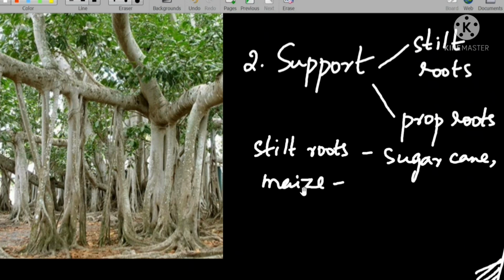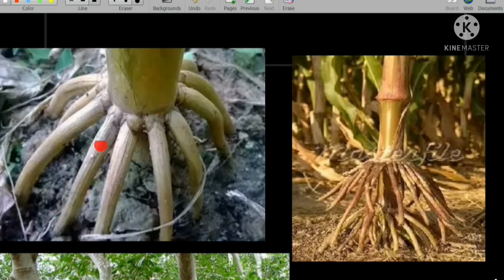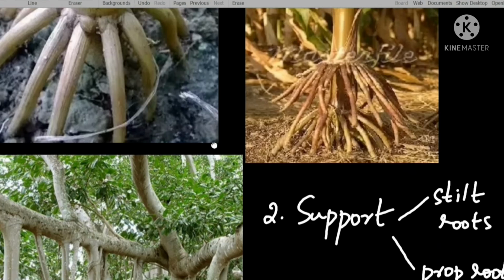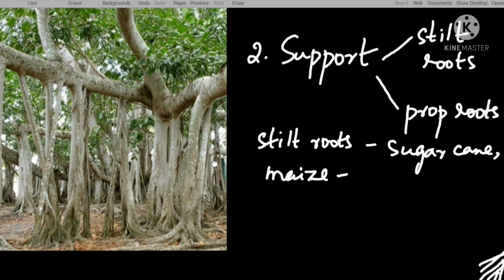You can see stilt roots in these pictures. These are the stilt roots seen in the sugarcane, and these are the stilt roots seen in maize. Similarly, the other type of supporting roots are called prop roots.